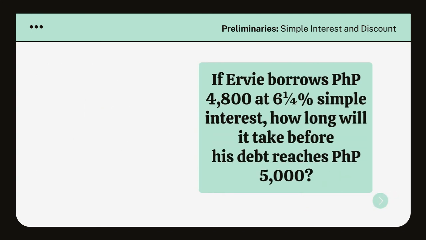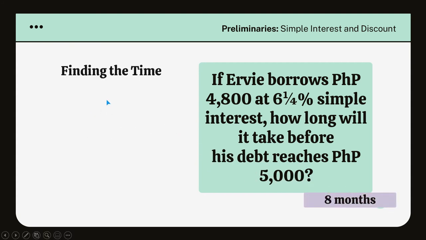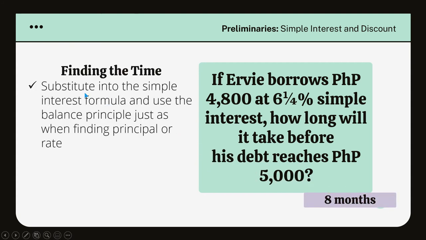Next. We have, if Irvi borrows 4,800 at a 6 1/4% simple interest, how long will it take before his debt reaches 5,000? Okay, oras naman ang pag-uusapan, 8 months. How? Of course, in finding time, simply substitute into the simple interest formula and use the balance principle, just as when we were finding principal or rate.